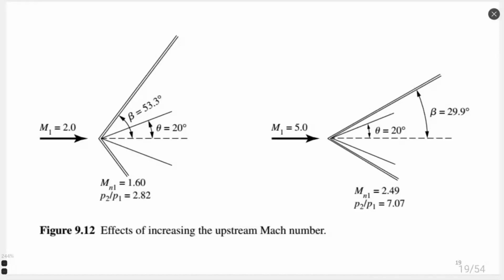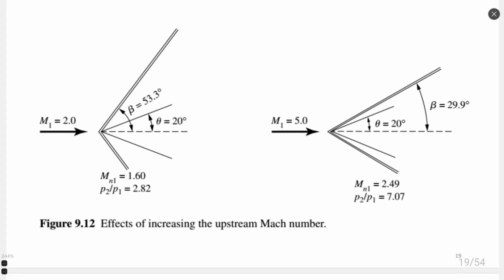So we can see for the same geometry, theta 20 degrees in both cases, when we change Mach number at infinity, how different is the beta angle of the shock wave? In the first case it is bigger. When we increase Mach number, the angle of the shock wave becomes smaller, from 53.3 to 29.9 degrees.